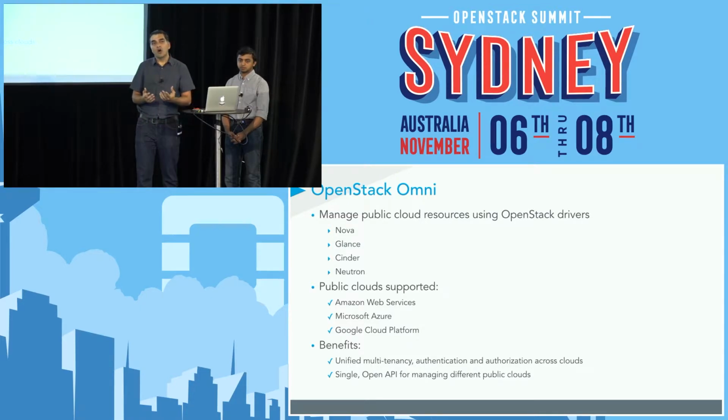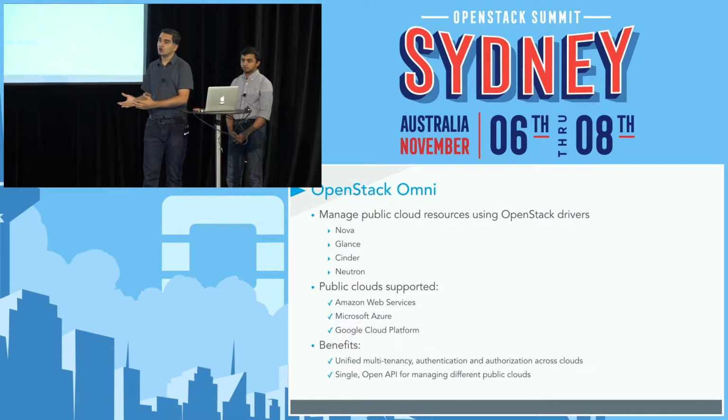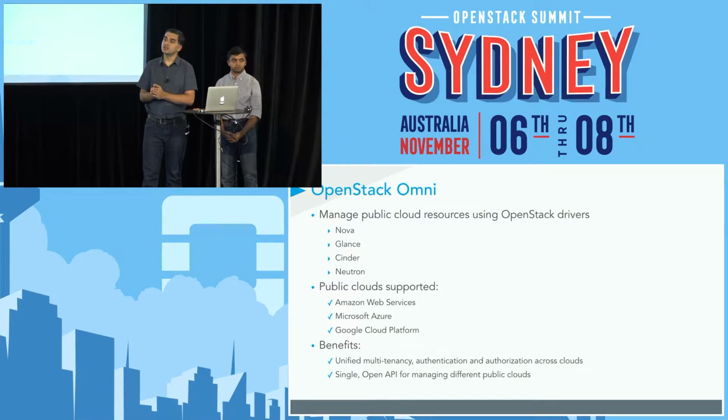On top of that, Omni basically brings all the OpenStack benefits to the public cloud world. So you get the tenant-based multi-tenancy that OpenStack already offers, through which you can create quotas and limit the use of public cloud resources through Omni. So as an administrator of an enterprise, one can see how much utilization you have in public clouds alongside your private clouds.